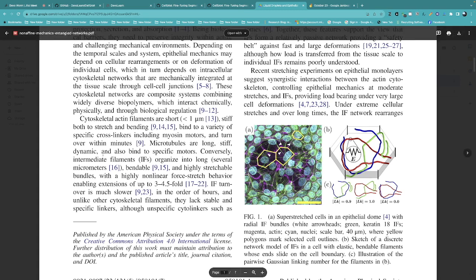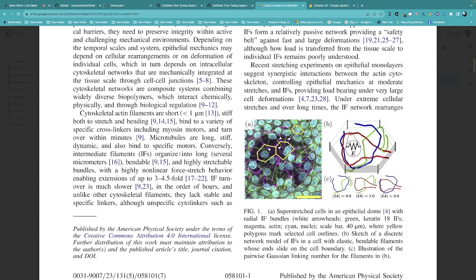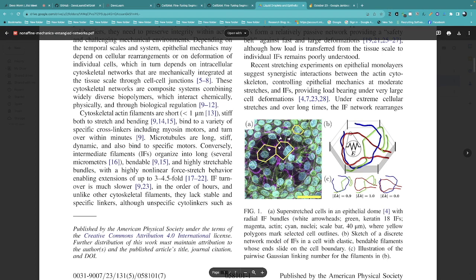Microtubules are long, stiff, dynamic, and also bind to specific motors, so there's a specificity there. Intermediate filaments organize into long, several-micrometer, bendable, and highly stretchable bundles. So you get bundles with a highly nonlinear force-stretch behavior. That means when you stretch them, the output is not linear.